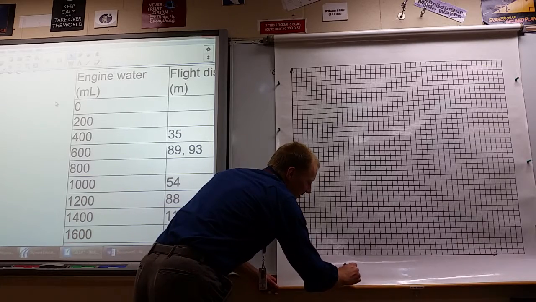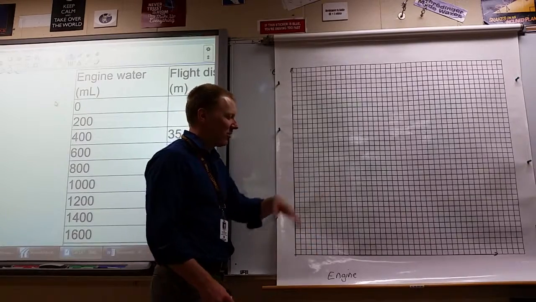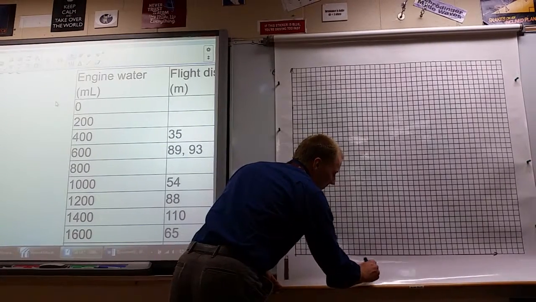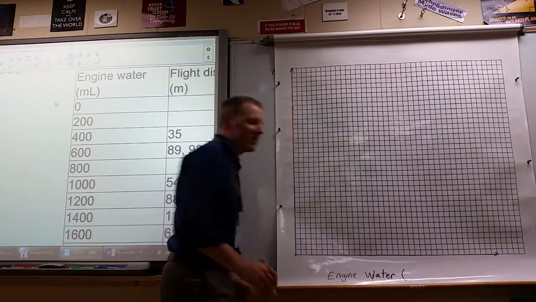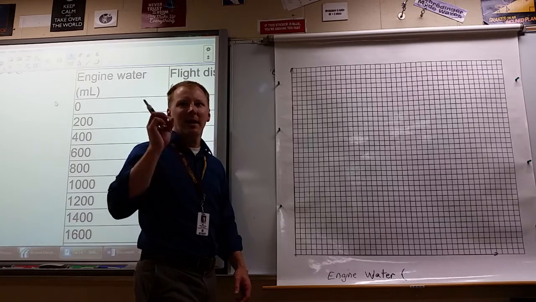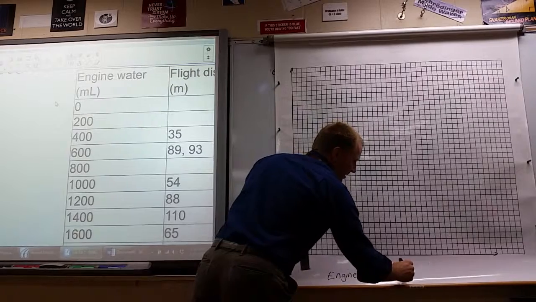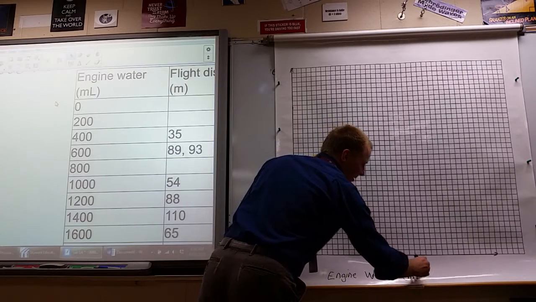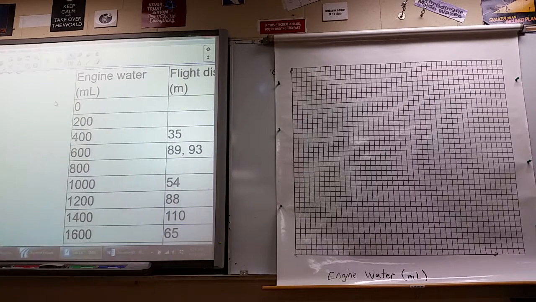I'm going to leave the space right by my axis blank and go down a couple squares because that's where we'll put values. And then in parentheses, we always have to put the units, unless it's something that we're just purely counting, like a number of donuts. We are always going to put the units that these are measured in. So milliliters is little m, capital L. Yeah, if you wrote it out, that's fine too.